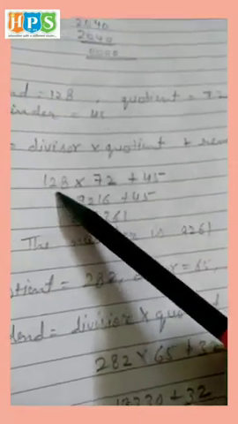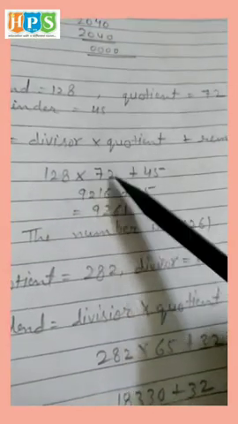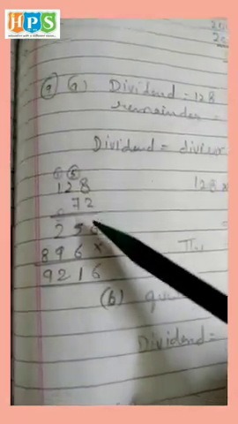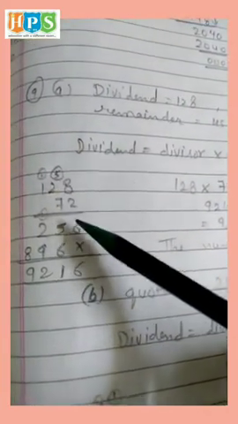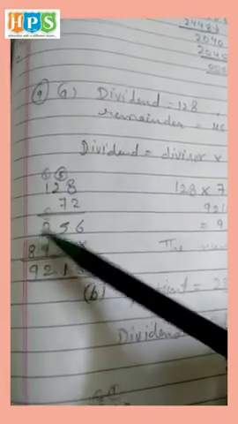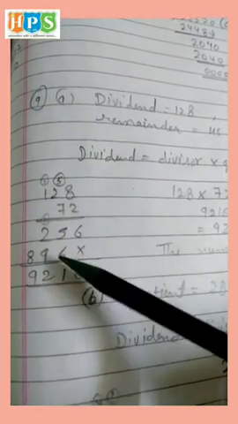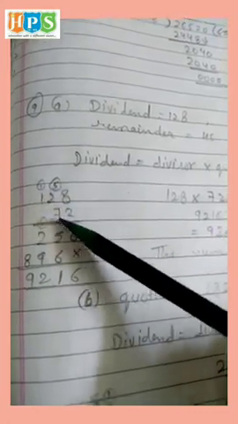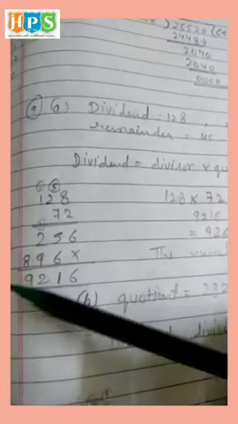We multiply 128 by 72. 2 eights are 16, 6 and carry 1. 2 twos are 4 and 1 is 5. 2 ones are 2. Multiplication sign. 7 eights are 56, 6 and carry 5, 7 twos are 14, 14 and 5 is 19, 7 ones are 7 and 1 is 8.